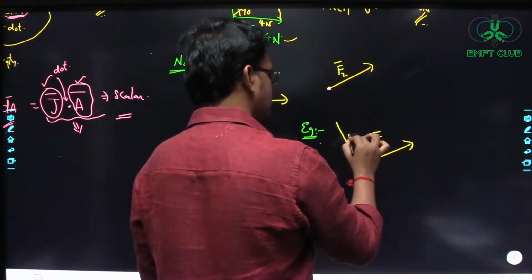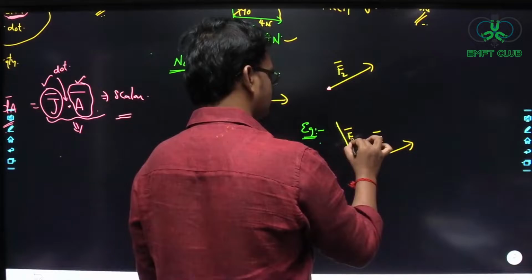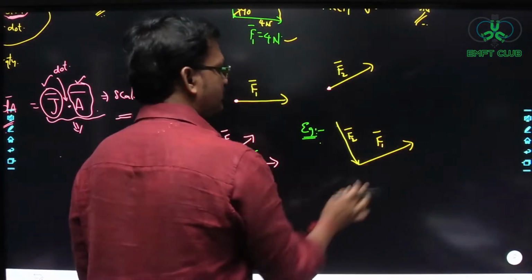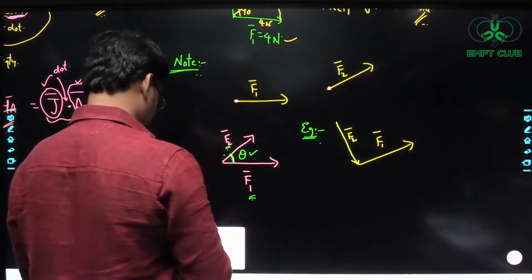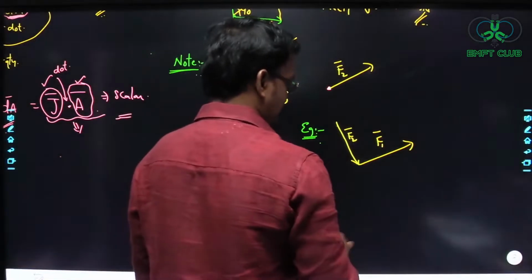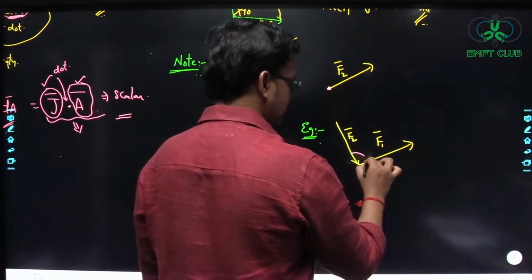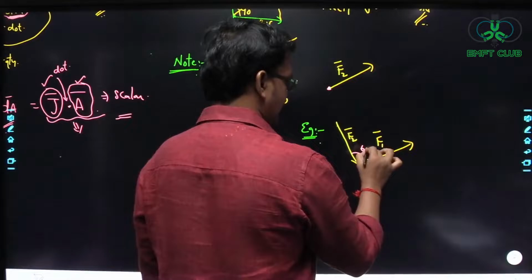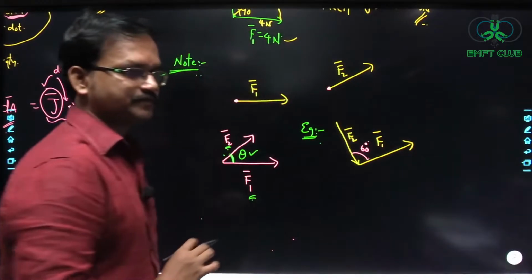So this is f2 bar. So I have considered f1 bar and f2 bar like this, and this angle is, let us say, 60 degrees.